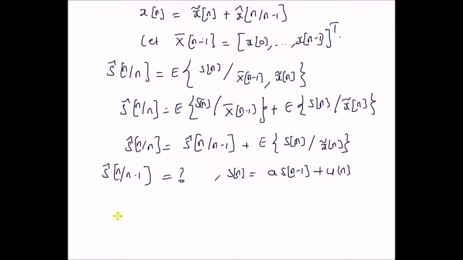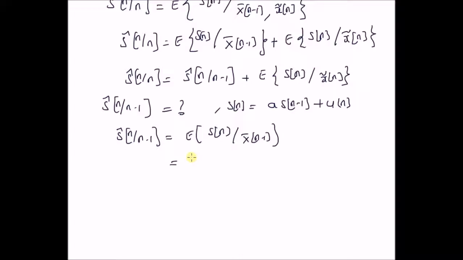So by using this definition, s hat of n given n minus 1 is equal to expectation of s of n given x bar of n minus 1, which is expectation of a times s of n minus 1 plus u of n given x bar of n minus 1.